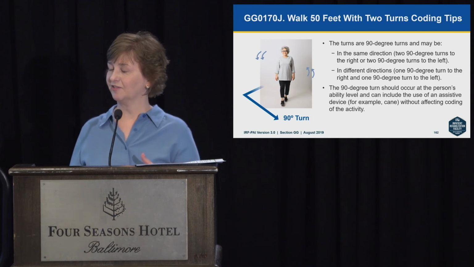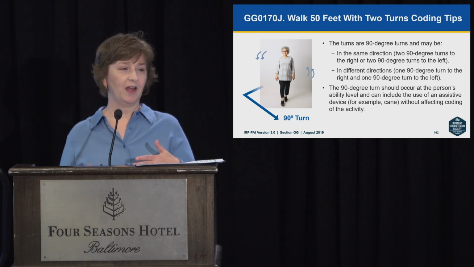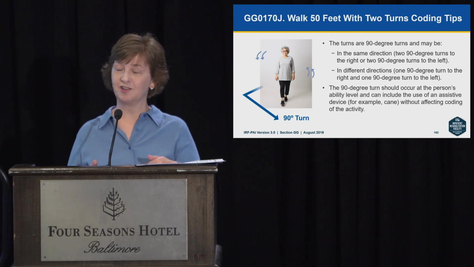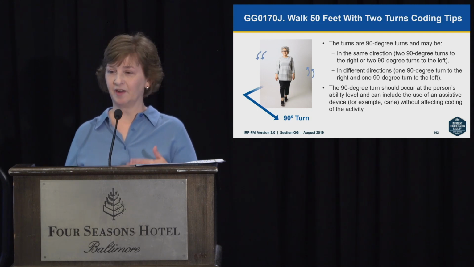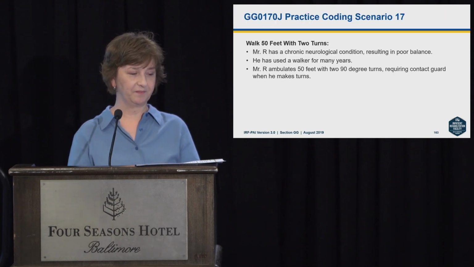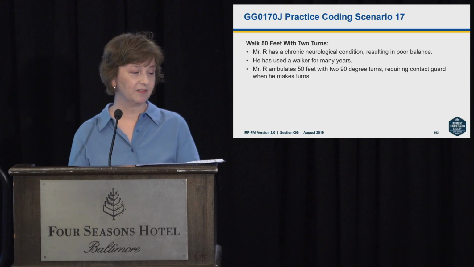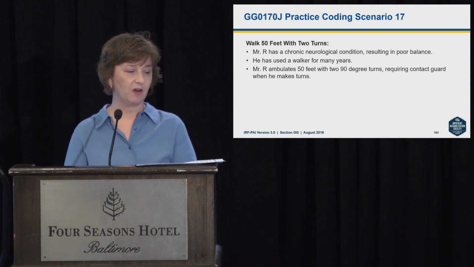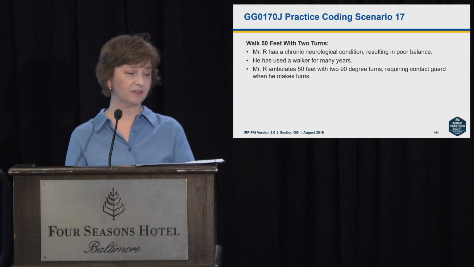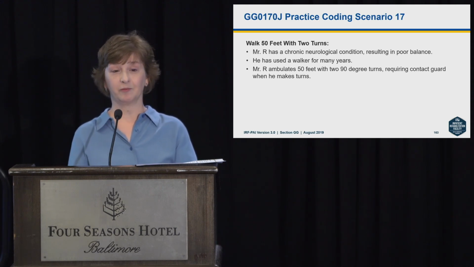So I think Manisha covered this earlier, that you would code patients on an activity with or without assistive devices, whatever is appropriate for that individual. So we do have a coding scenario here also. Mr. R has chronic neurologic condition and has poor balance as a result of that. He has used a walker for many years.